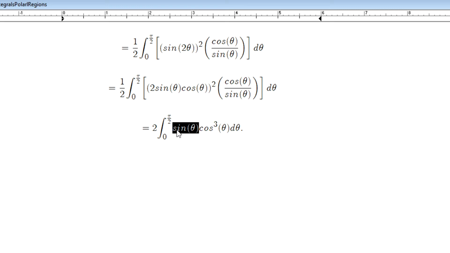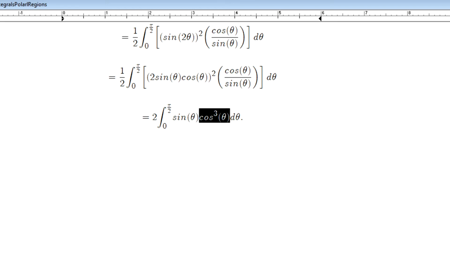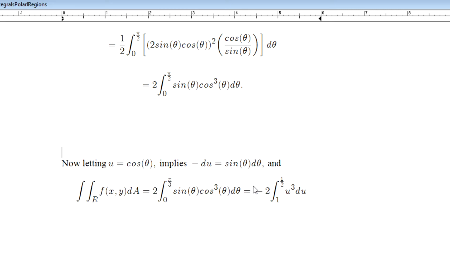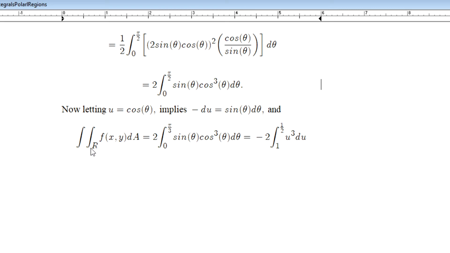Well, we don't have to worry about that here. We already have just our one factor of sine theta. Now if we do a little u substitution, letting u equal the cosine theta, right, we can do a rather quick u substitution.